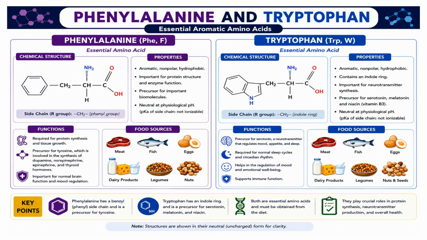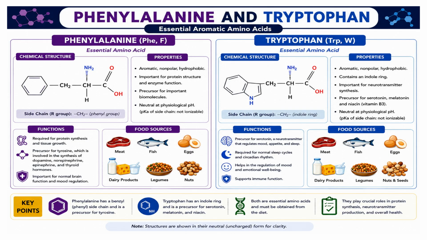Phenylalanine and tryptophan are essential aromatic amino acids, meaning the human body cannot synthesize them in sufficient amounts and must obtain them from the diet. Phenylalanine, Phe, has an aromatic benzyl side chain, CH2C6H5.